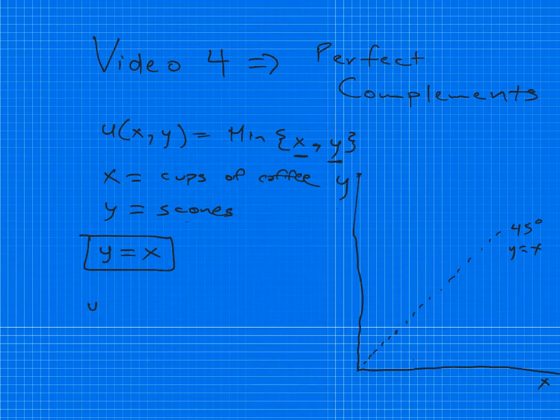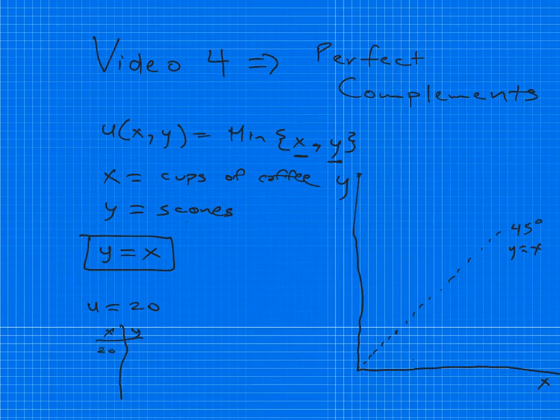So if we wanted to sketch in a specific indifference curve, let's suppose that we wanted to sketch the u equal to 20 indifference curve. Again, what we're looking to do here is find all of the pairings of x and y such that the number that gets spit out of the utility function is 20.